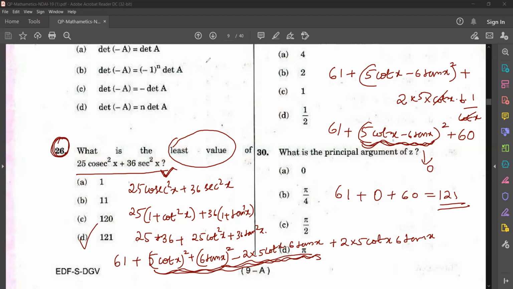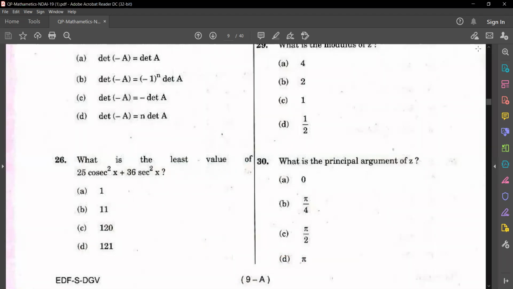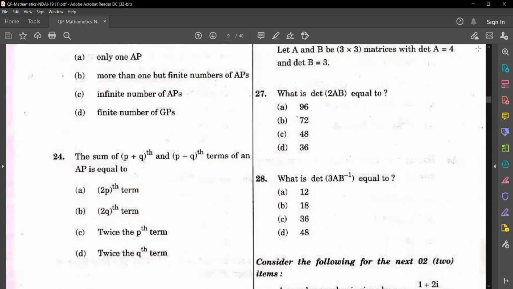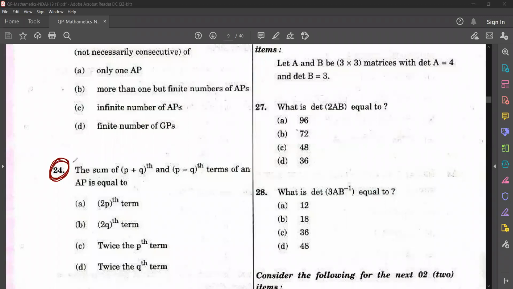So let's go to the next question. Let's do a question from AP. That is the 24th question. You have to see the 24th question now.